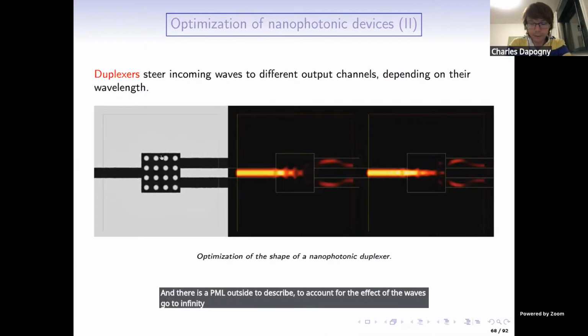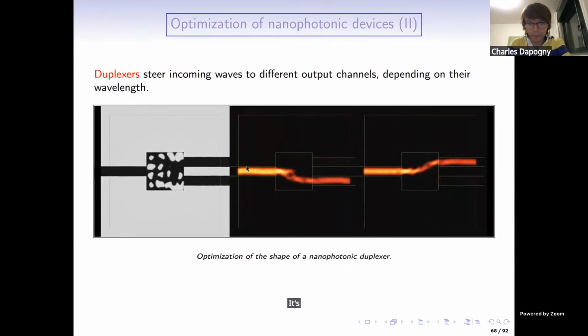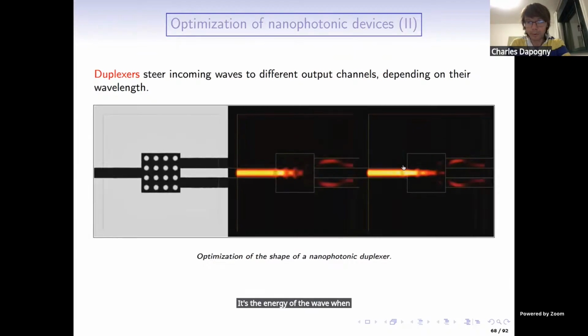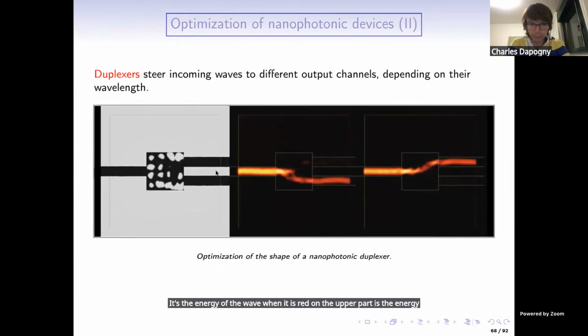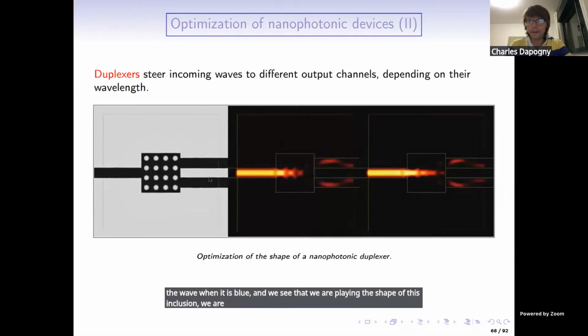We start with a very simple shape for the duplexer, and here is what we obtain. On the bottom part is the energy of the wave when it is red, and on the upper part the energy when it is blue. By playing on the shape of this inclusion, we are able to route the light into the desired output waveguide.